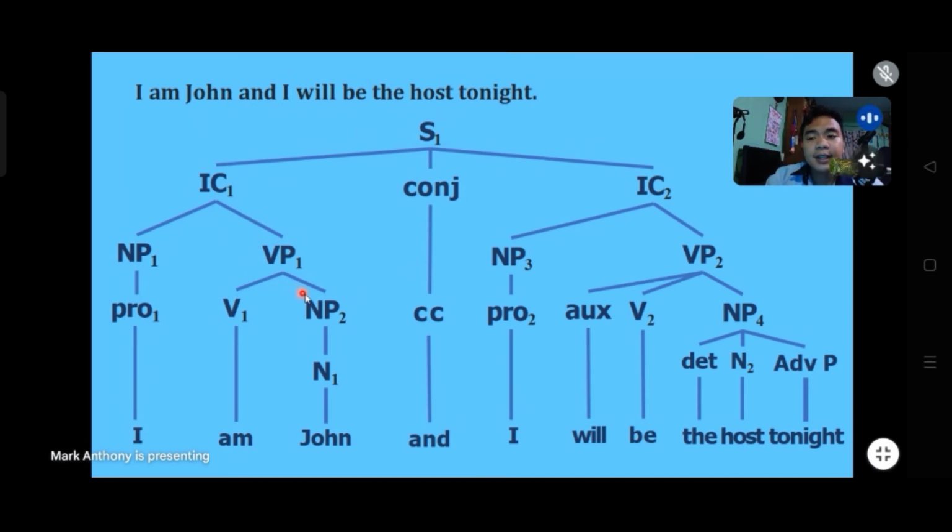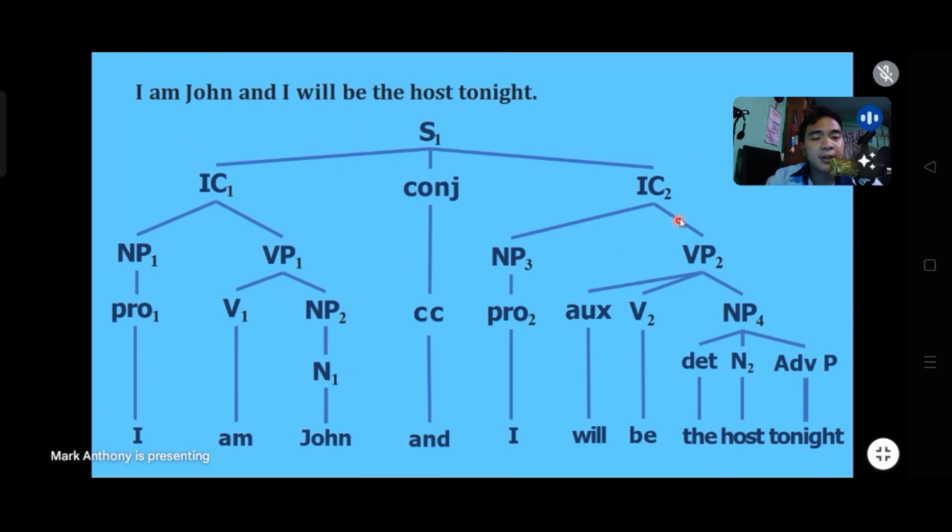And then next we have the second noun phrase, which is the word John. And this independent clause is connected by a conjunction, which is the word and.